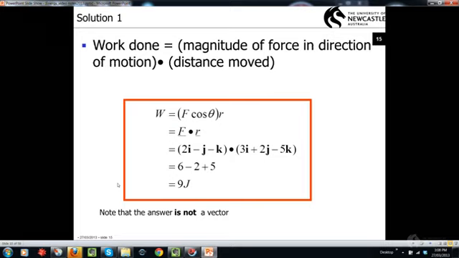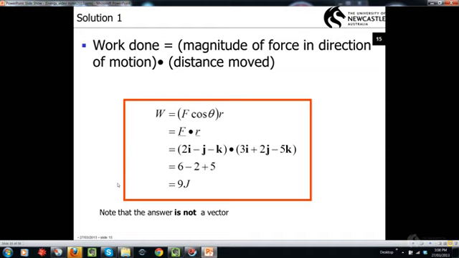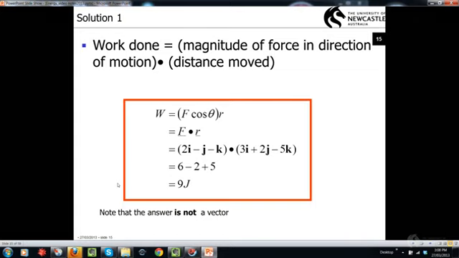So the work done is equal to the magnitude of the force in direction of motion times the distance moved, or F cosine of theta times r, or the scalar product of force and displacement. And that's the definition that we are going to use to do this calculation. So we have 2i minus j minus k dot 3i plus 2j minus 5k.